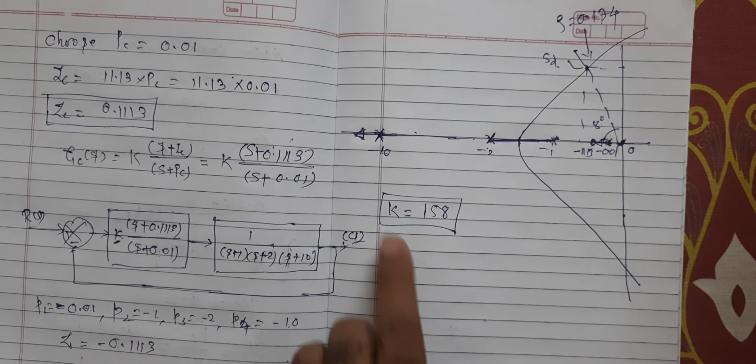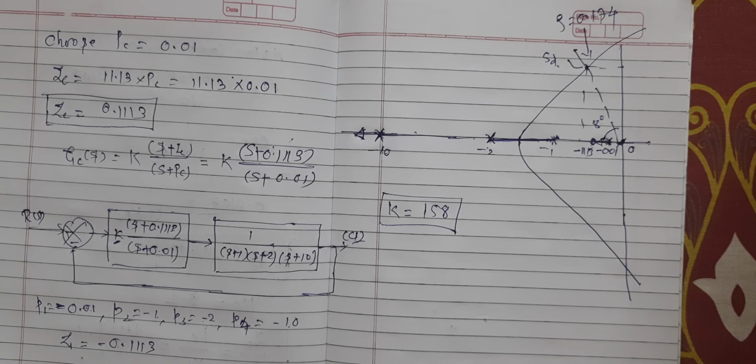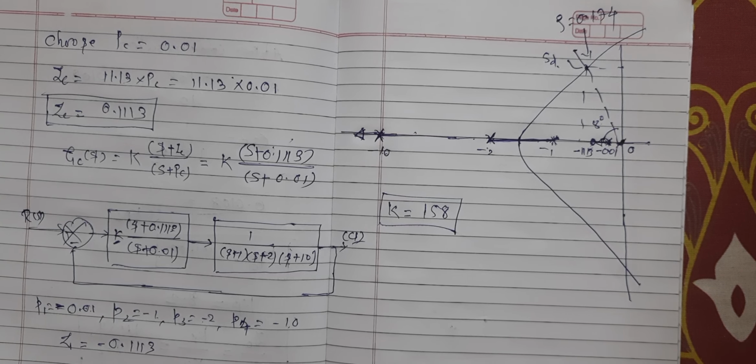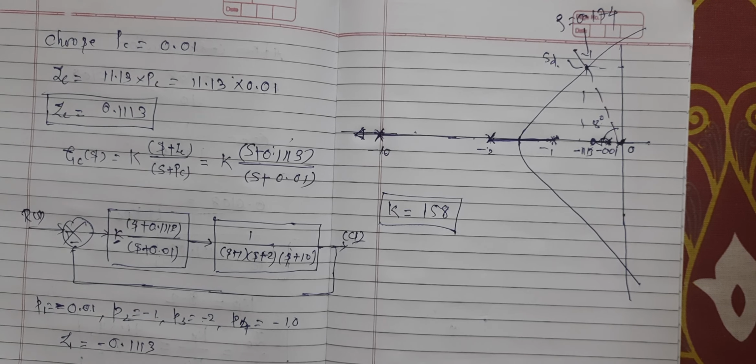If you are not finding k, some marks will be cut, but suppose it is of 10 marks, you will get at least 9 marks. Suppose it is of 20 marks, you will get about 17-18 marks.